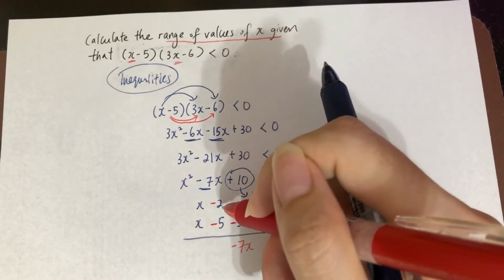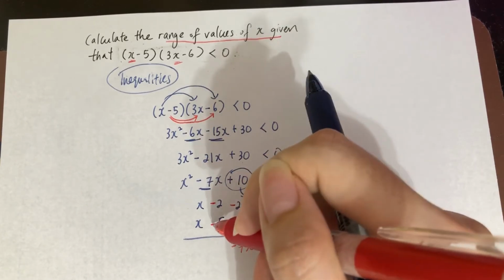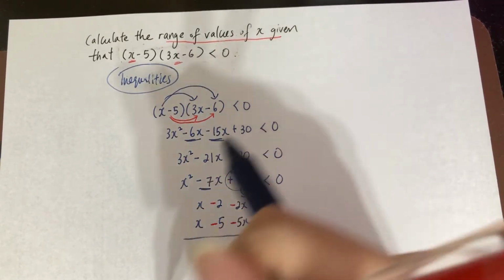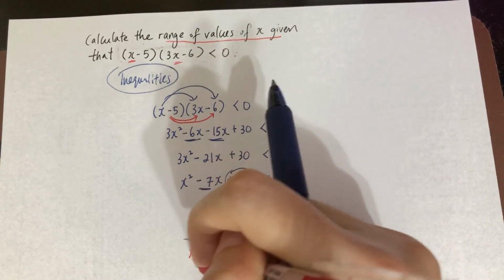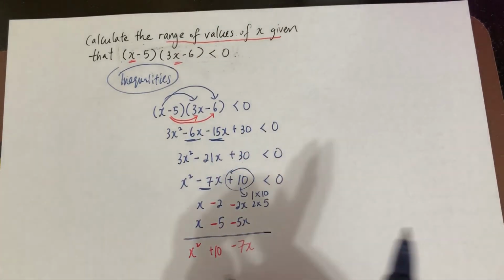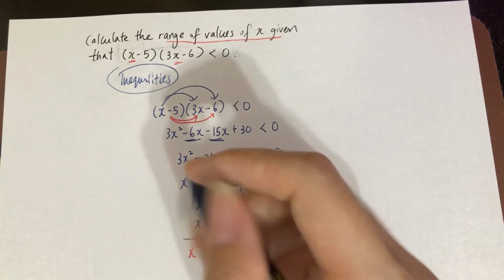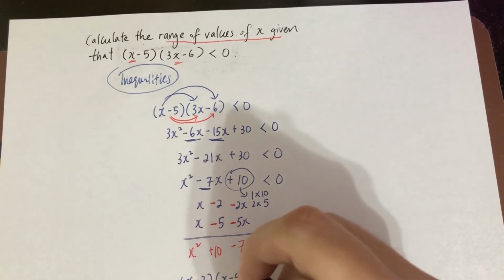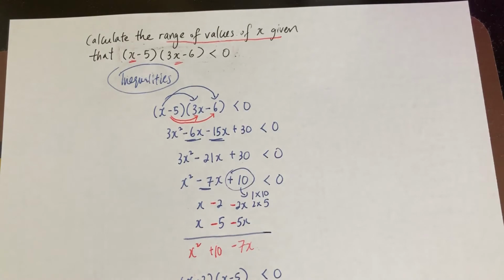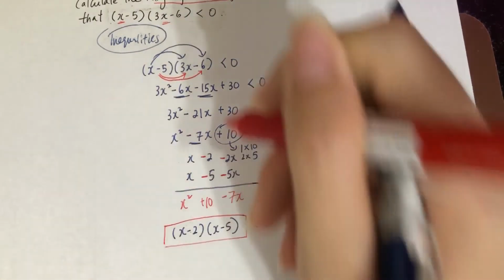Checking whether these fulfill the condition of a plus, negative 2 times negative 5 would give us indeed a positive 10, while x times x will give us x squared. So we can safely say that (x - 2)(x - 5) is less than 0. This part here is factorized from this part here.